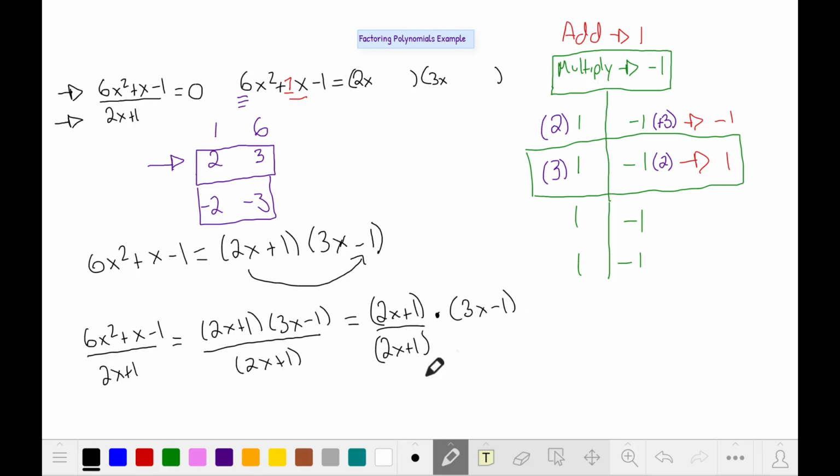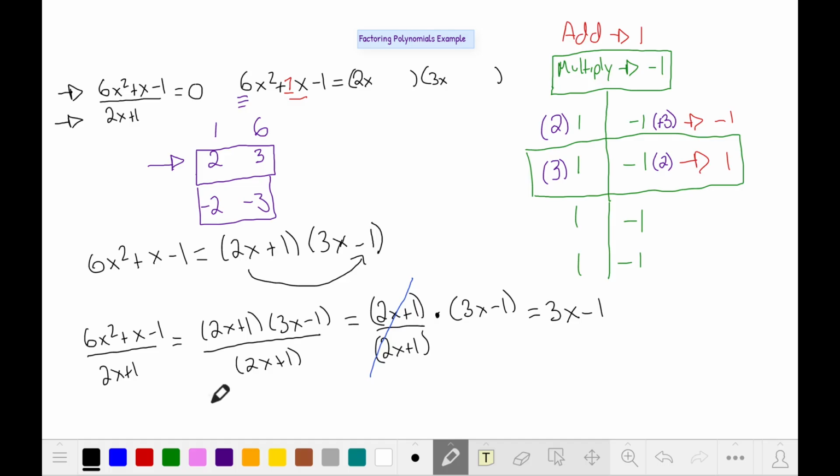And the reason I wrote it out like this is because I wanted to show you guys that this 2x plus 1 actually cancels out, because anything divided by itself is just 1, and 1 times anything is just that same thing. So then the whole thing is actually 3x minus 1.